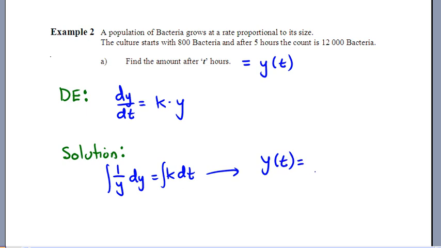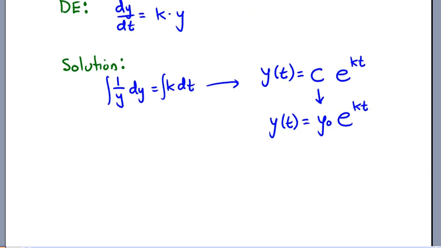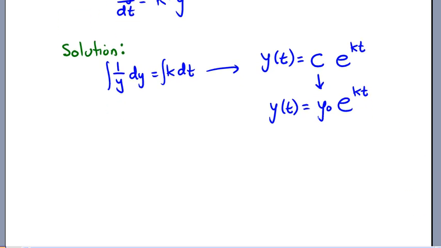It's actually going to be some constant, which is just the initial amount, and then e to the kt. Lots of times scientists, because this is just going to be the initial amount, they just call that y with a little 0 subscript on it. So they'll say, okay, your population generally is y naught, okay, just the initial population, and then e to the kt. So that's just a way of saying the initial value, right? That's all that y naught means.